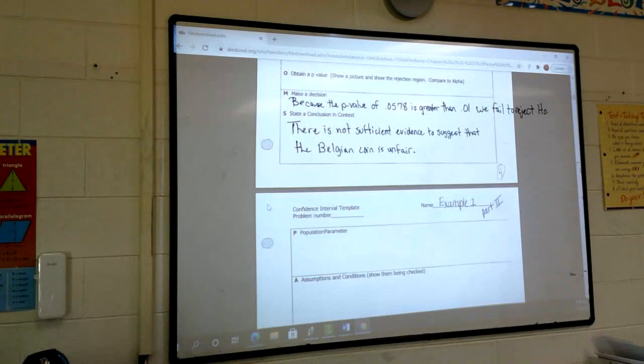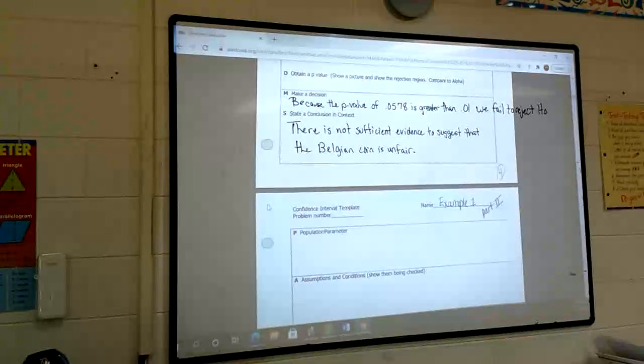It doesn't mean that we accept that the null is true. It means that we failed to reject it. We didn't have enough evidence. If our p-value is low enough, we're able to reject it, which means we have evidence. If our p-value is not low enough, we're not able to reject it, which means we don't have evidence. Fail to reject means no evidence. Rejecting means evidence. All right.